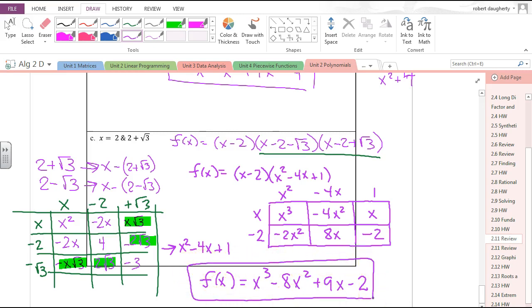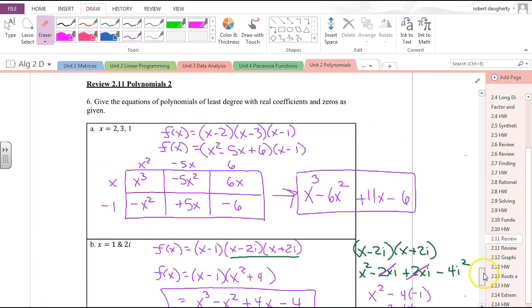And that should be the final answer. Sorry, there's a mistake here in this last one. This is not a minus 8. When you add the negative 4 and the negative 2, that is a minus 6x squared. So final answer for this one, x cubed minus 6x squared plus 9x minus 2.